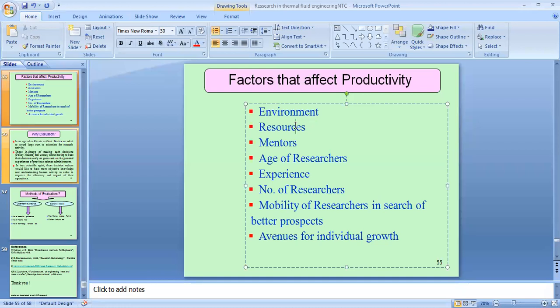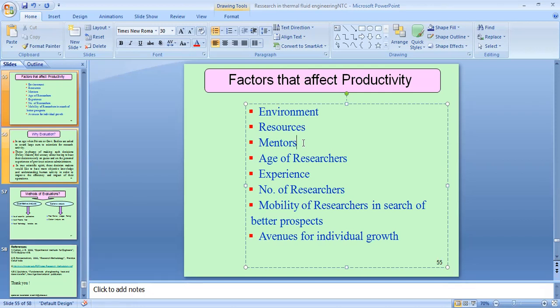Then come resources. If you have a good library, a journal subscription in your institute, that is a type of resource. Then instruments needed for the experiment also come under resources, and obviously if the resources are available, you can do good research and publish the papers.